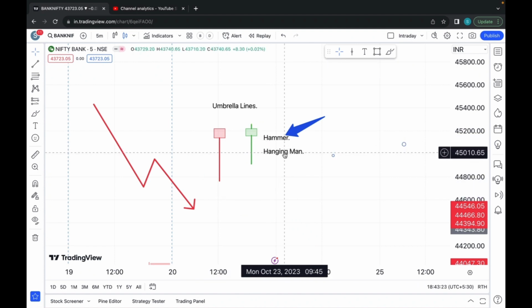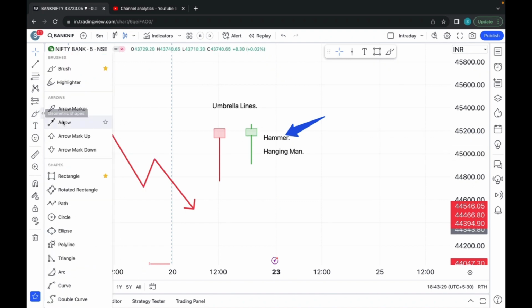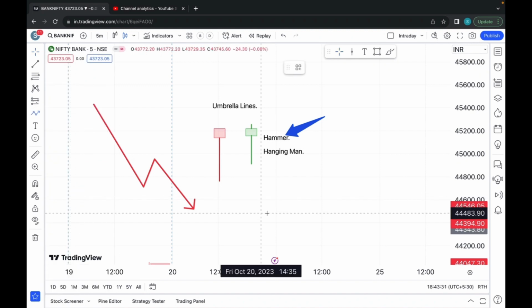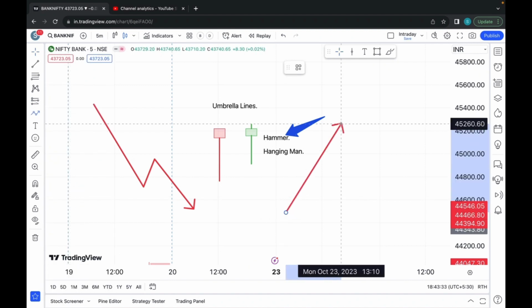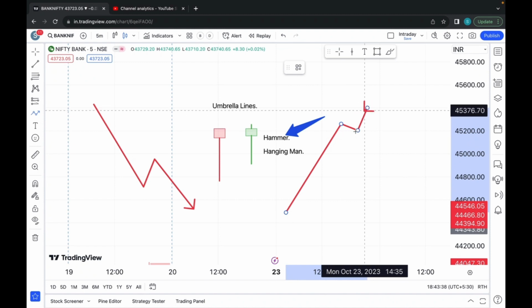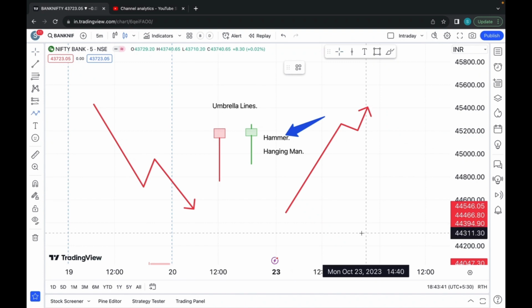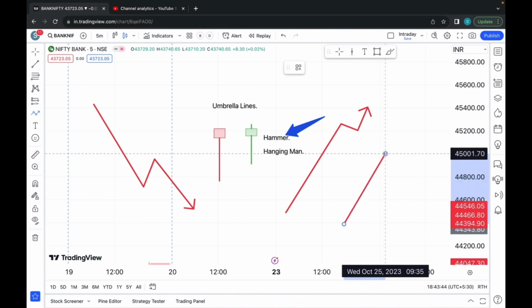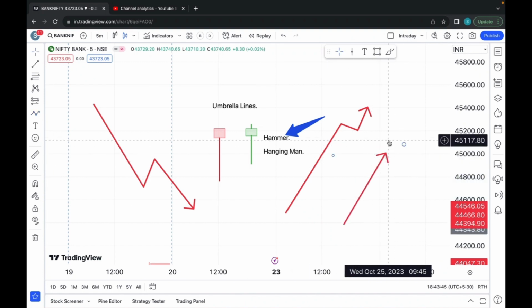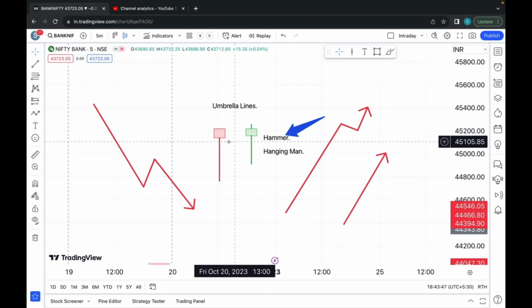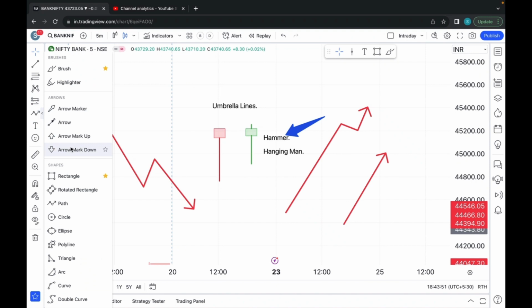Then what is a hanging man? Hanging man is simply the opposite of the hammer. It means you need to see this candle after an uptrend. After an uptrend, it is called a hanging man.